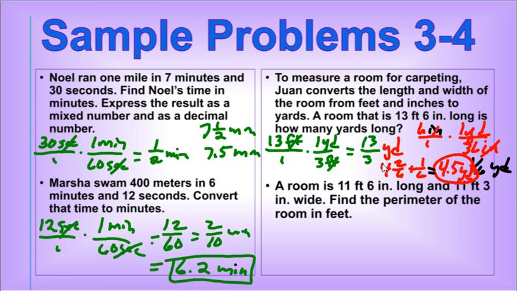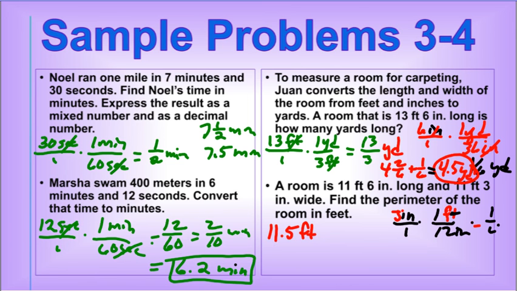Next one, a room is 11 feet 6 inches long and 11 feet 3 inches wide. Find the perimeter of the room in feet. Well, I know that 6 inches is half of a foot, so I have 11.5 feet here. 11 feet 3 inches, so 3 inches over 1 times 1 foot over 12 inches.